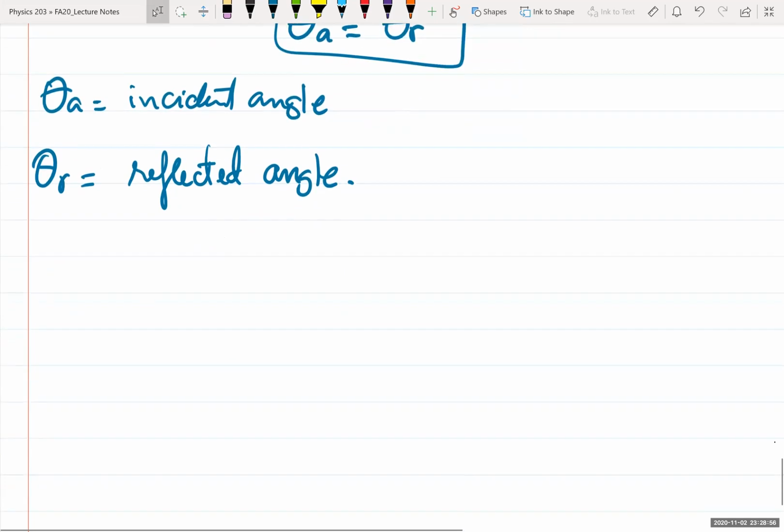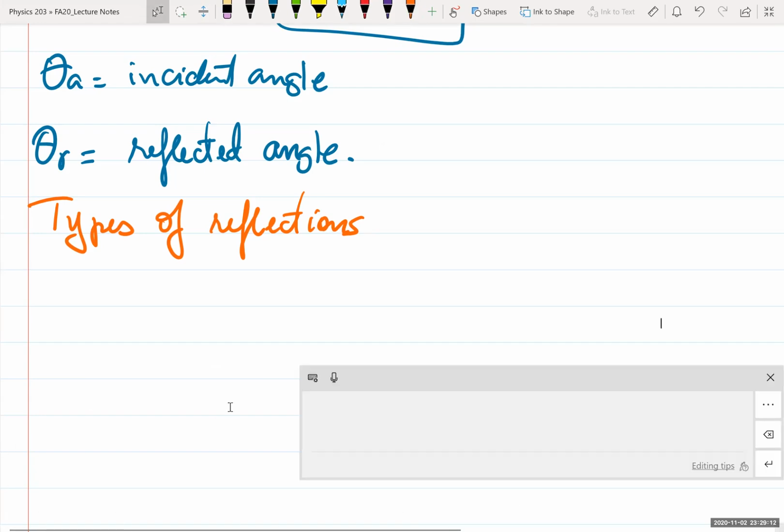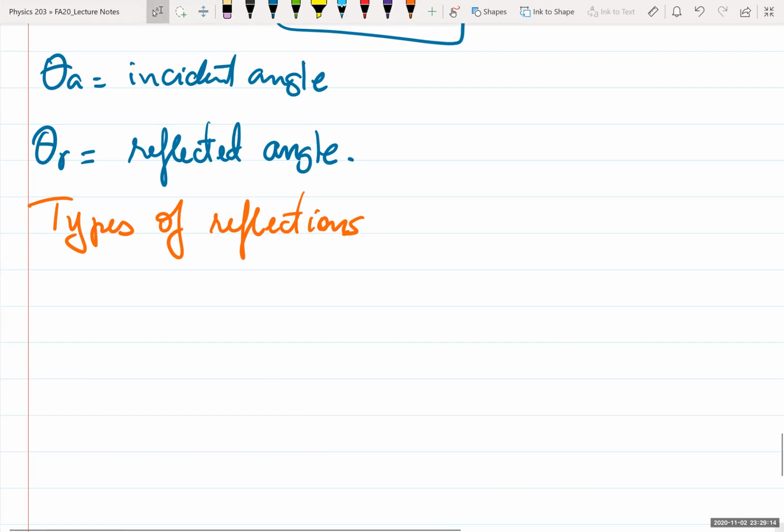Next, what we're going to look at is types of reflections. We are going to discuss two types of reflections in our case. The first one is called the specular reflection.